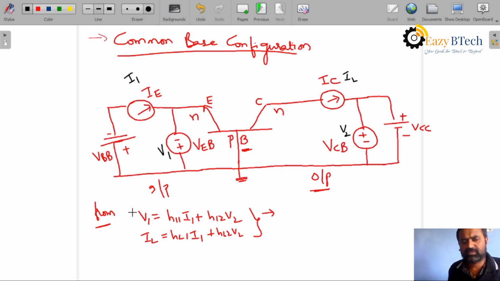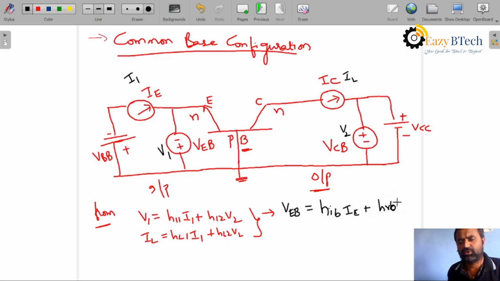Now from this expression, V1 is nothing but VEB, is equal to H11, which we will write as HIB since it is a common base configuration, times I1, which is IE, plus H12, HRB, times V2.